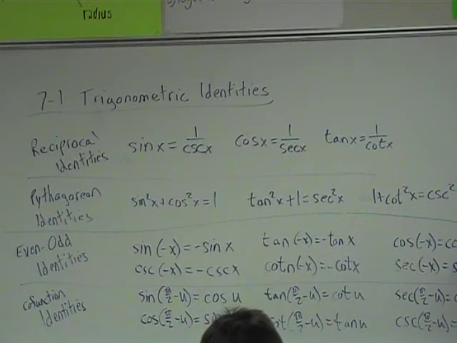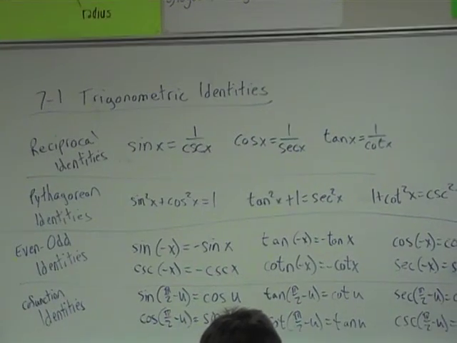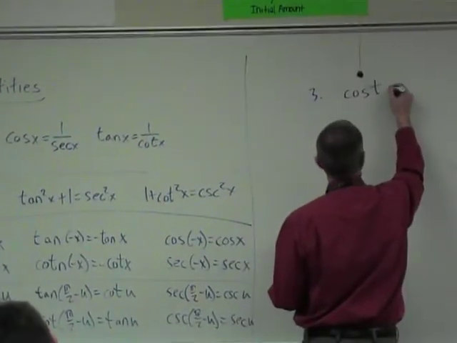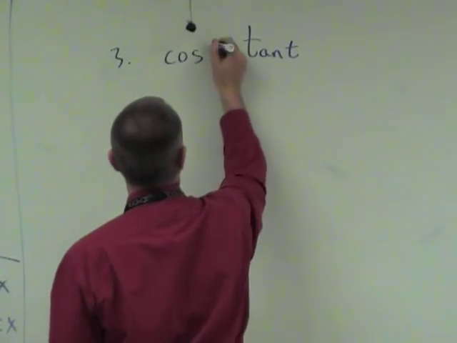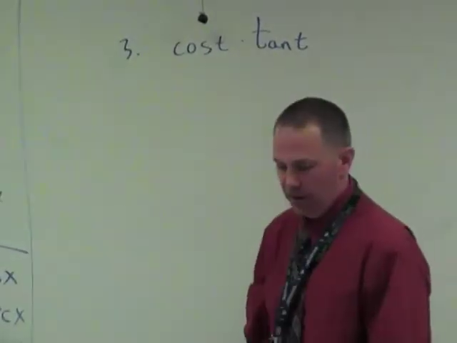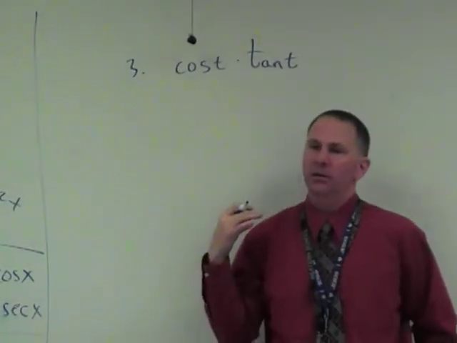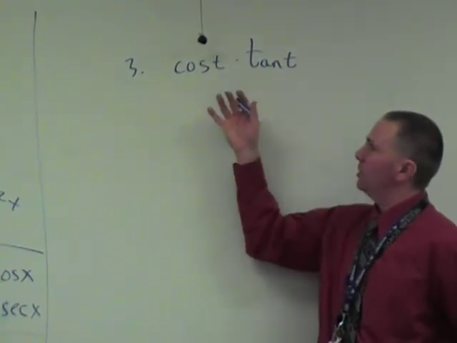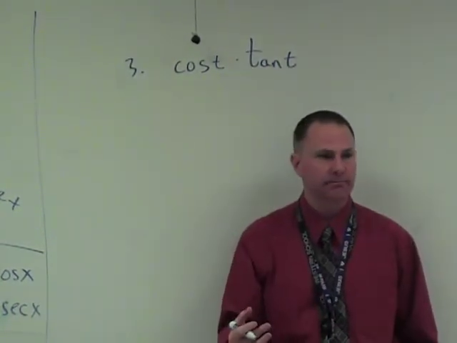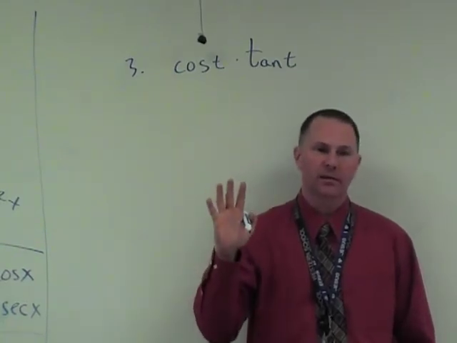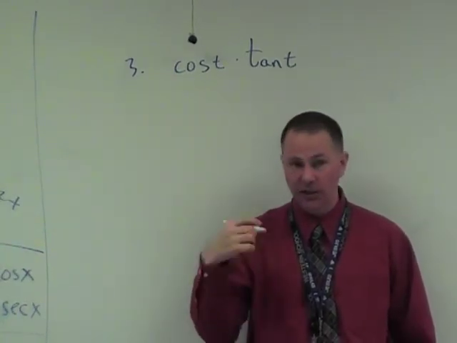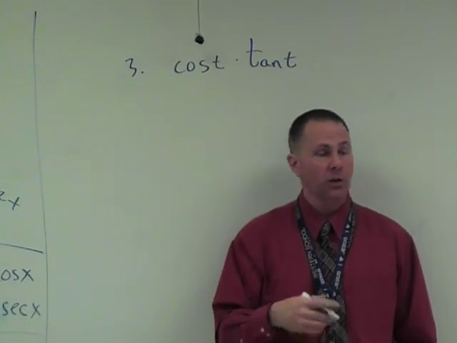Let's do number 3. The cosine of t times the tangent of t. I want this all to be made to look with just cosine and sine. So you're going to change what isn't a sine and cosine into sine and cosine. So how would I do that?